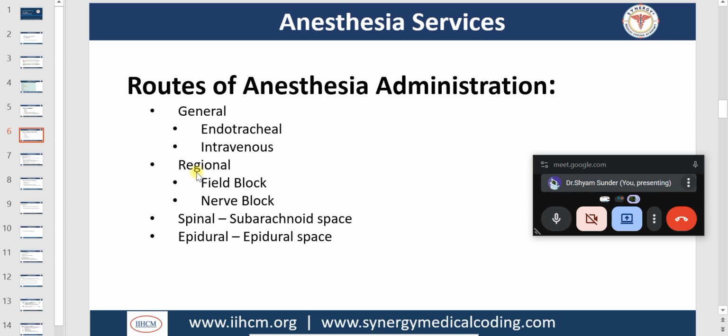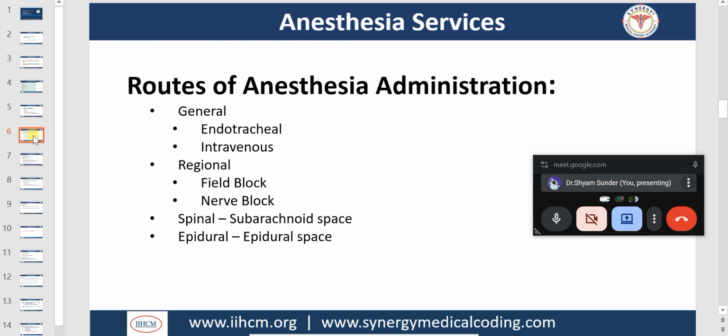So through a regional block or anesthesia, you can make only the leg painless. Spinal anesthesia. If you give spinal anesthesia, the entire lower portion of the body will be painless, including the abdomen. Epidural, of course, is similar to this. So these are the routes of anesthesia administration.